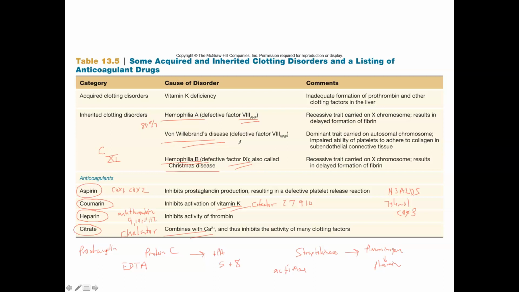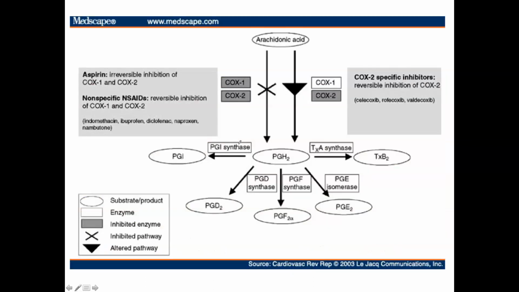The last couple things I want to show you are just some diagrams, some of the things that I already mentioned. So in this particular diagram, this is showing you how aspirin or other NSAIDs would work, but specifically aspirin. Notice it's a COX-1 and COX-2 inhibitor, and so that's affecting these prostaglandin synthesis pathways, and thus that's going to affect platelet aggregation, which is why it's an anticoagulant.